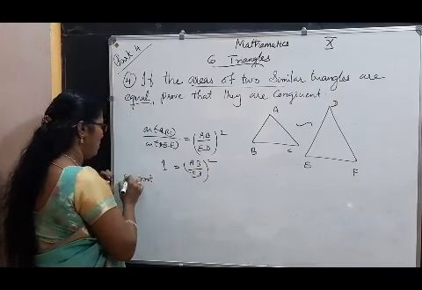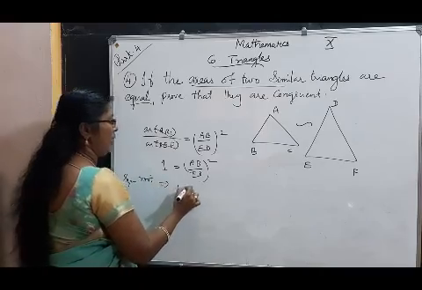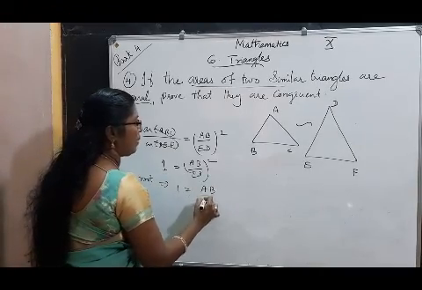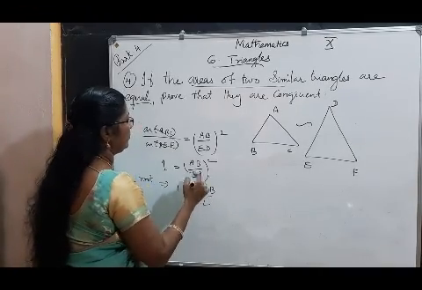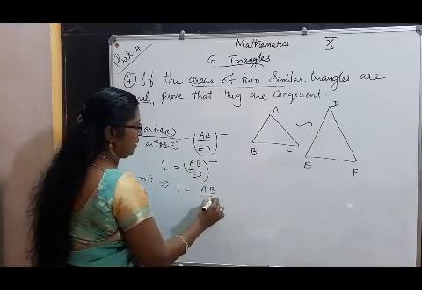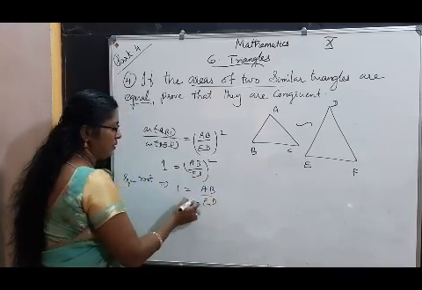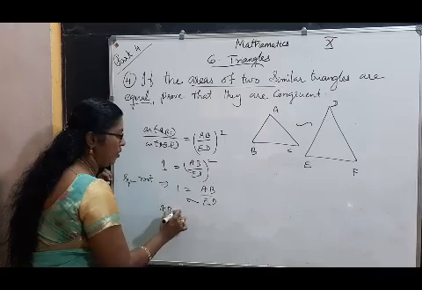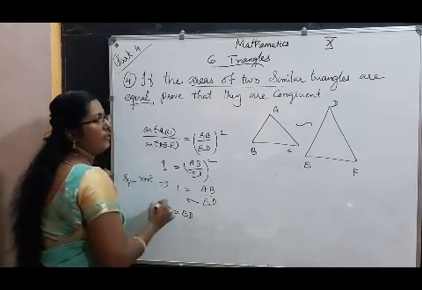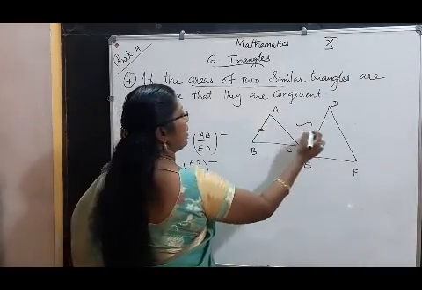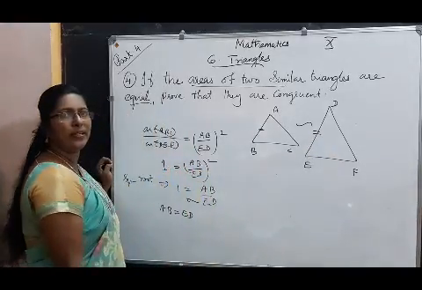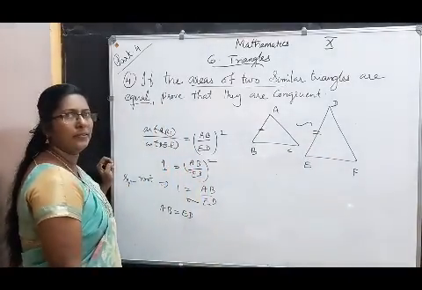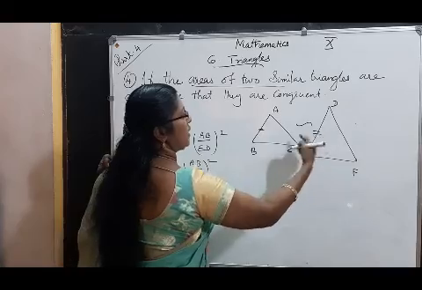Taking square root, 1 equal AB by ED or DE. Then AB equal ED. This AB equal ED. Okay. Then these two triangles are similar.